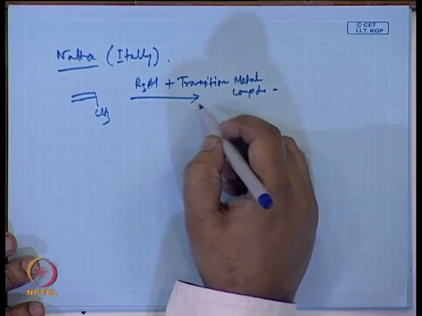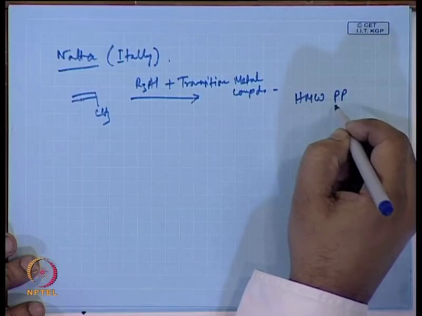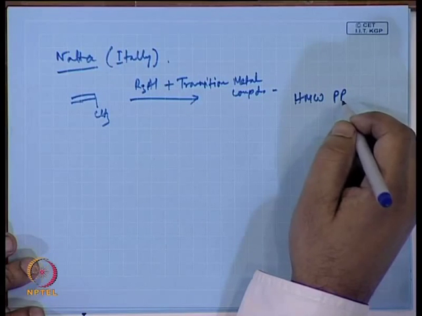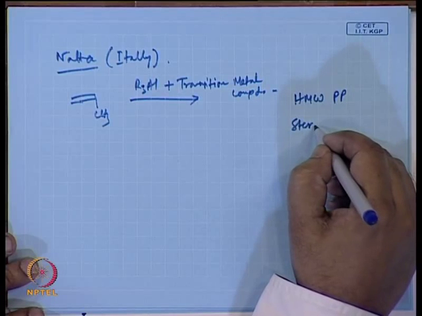Now, what did he get? He got high molecular weight polypropylene definitely. In addition, what he found was that it was very stereoregular, stereoselective.